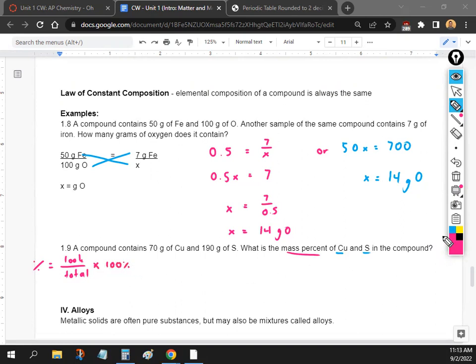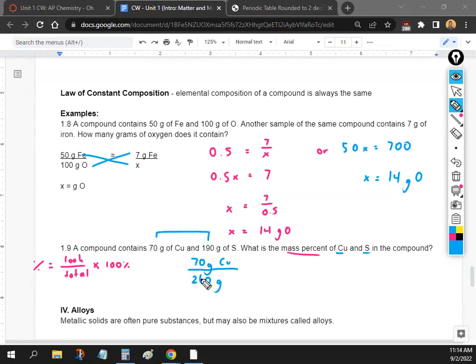Okay, so let's start off by doing copper. I'll do copper in blue. So you're looking for copper. How many grams of copper do we have? Yeah, we got 70 grams of copper divided by the total. So what's the total mass? Yeah, 260. You just need to do 70 plus 190, right? So 70 plus 190 is 260, because that's the total mass of the compound.